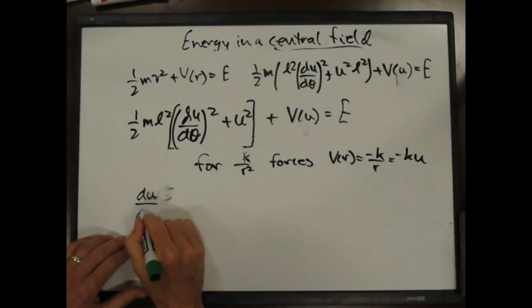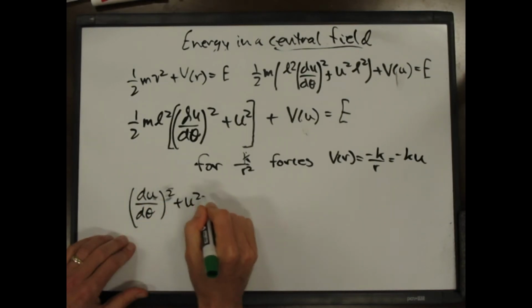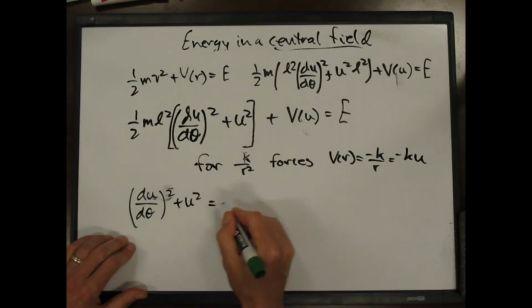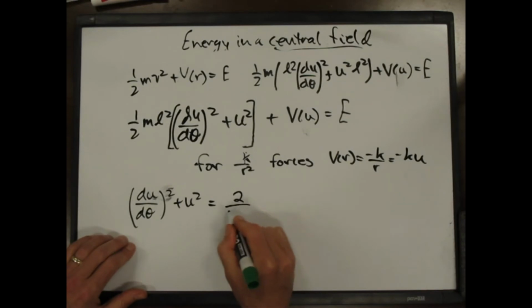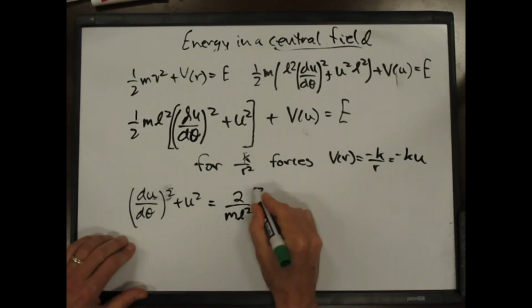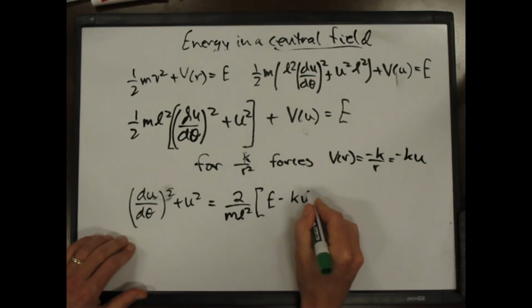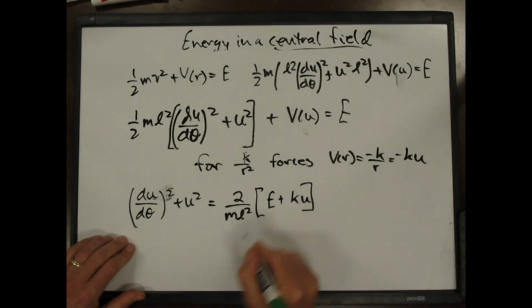We have to be careful on that. (du d theta) squared plus u squared is equal to 2 over m L squared times E minus ku. Sorry, plus ku.